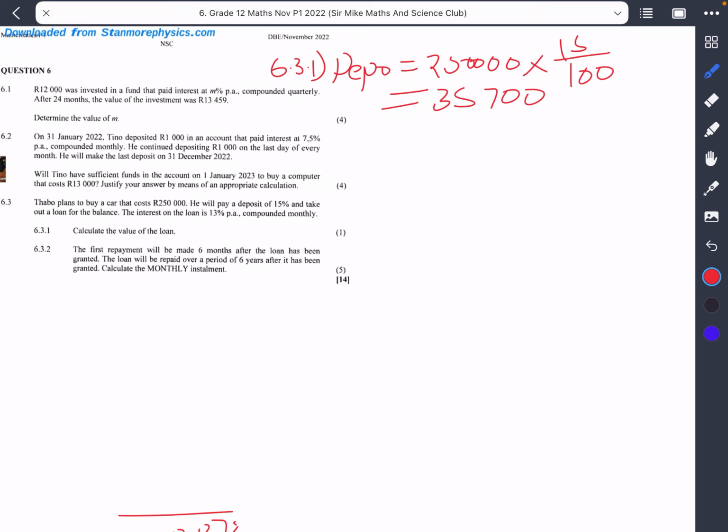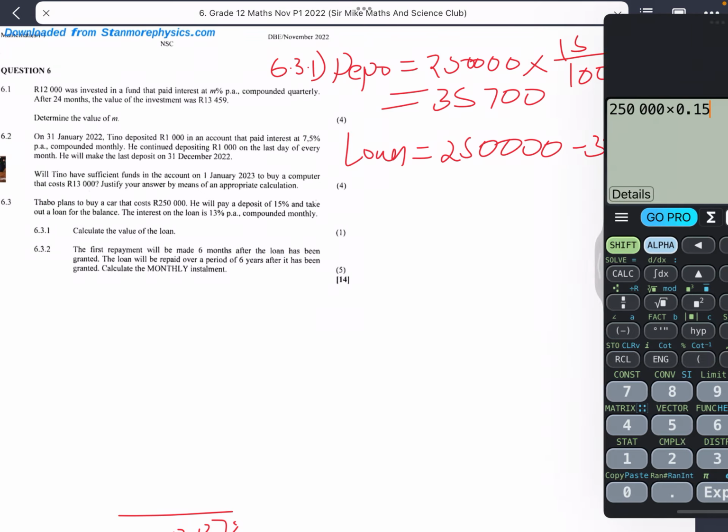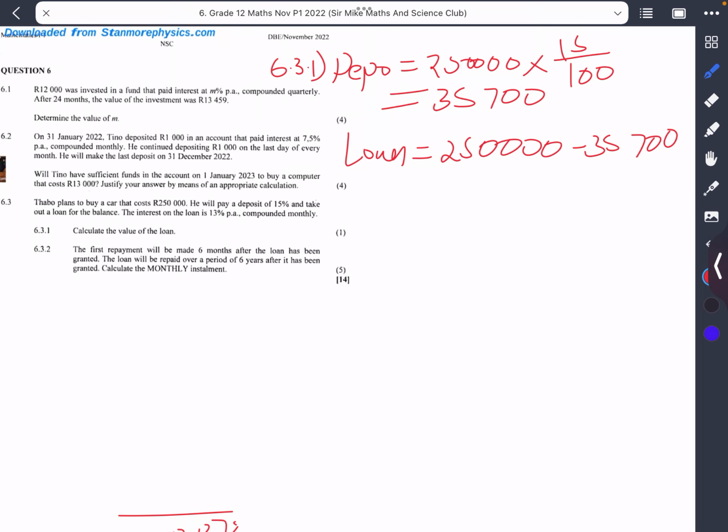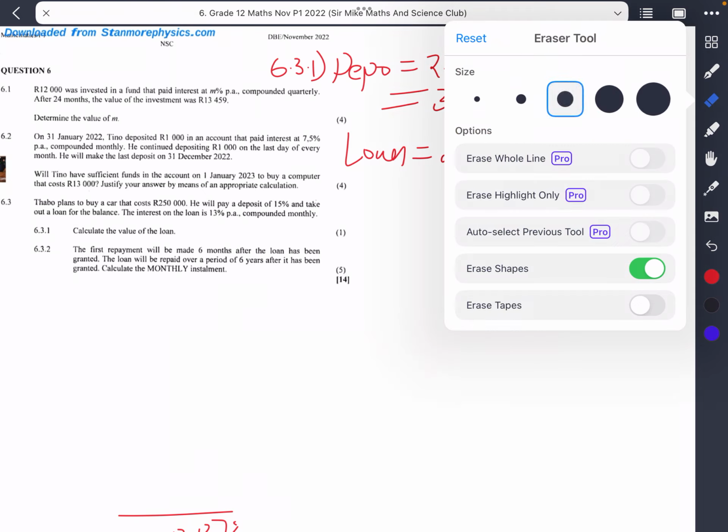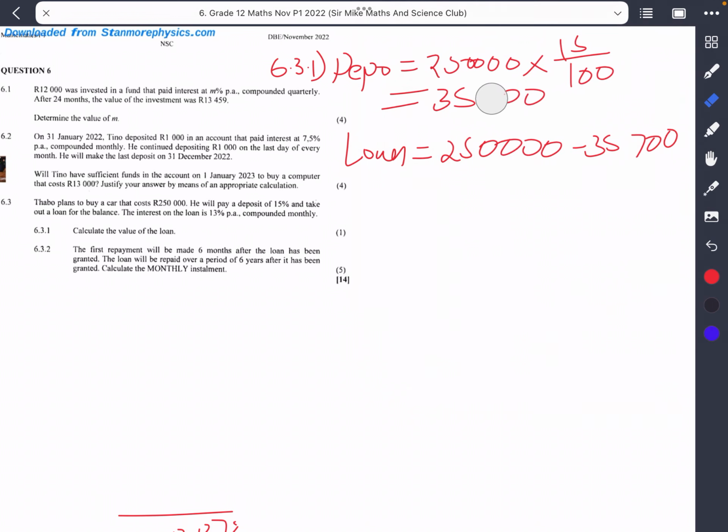You can just write it as 15 divided by 100. So what you would get is 250,000 multiplied by 0.15, and that would be 37,500. So in this case the deposit was 37,500. This would be the amount that was deposited.